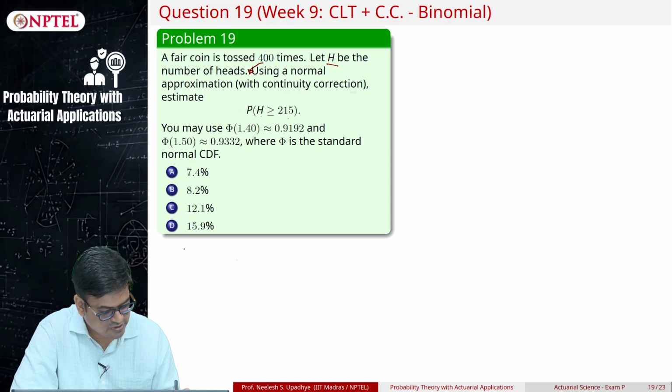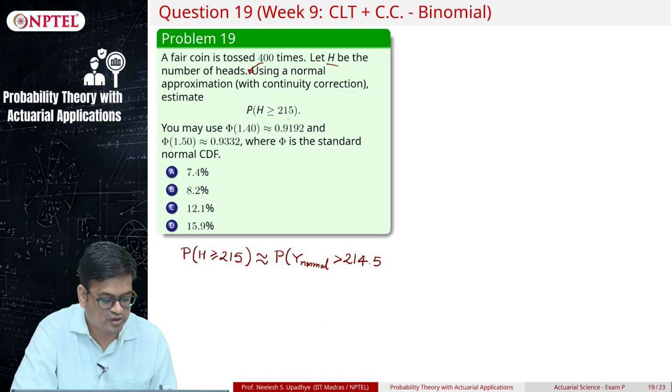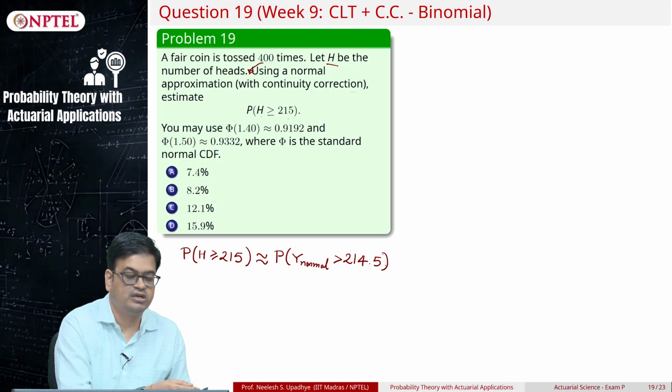So, let us first apply that continuity correction, which is probability of H greater than or equal to 215. As you are already familiar, this is equivalent to probability of Y normal greater than 214.5, because I have to distribute the mass associated with 215 to a 0.5 variation.